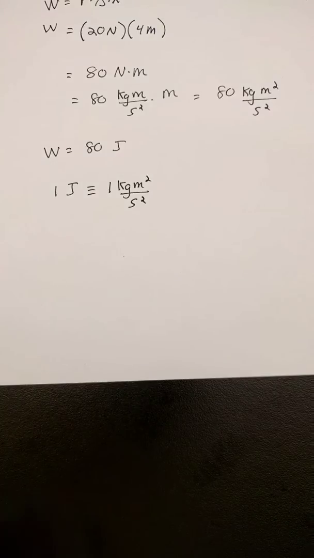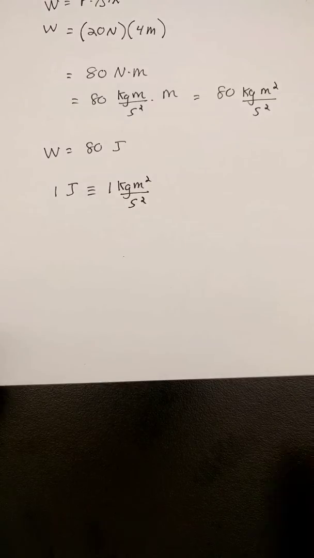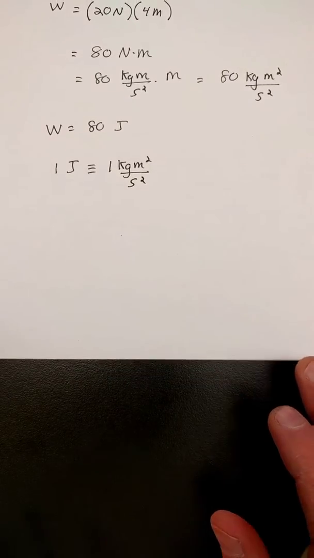So a Newton times a meter gives you that, and a number of other combinations of quantities will give you that. And when you see this combination of units, kilograms, meters squared per second squared, then you have joules. And that is either a work or an energy or both.